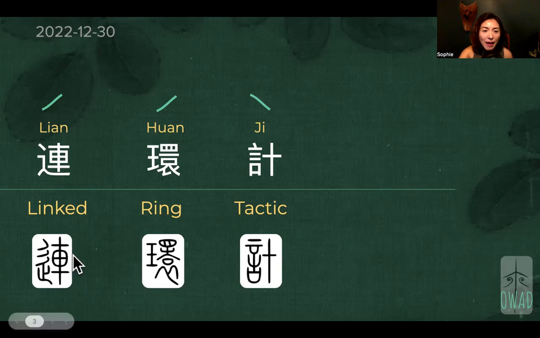So here we have 连. It comes from the left side, which is the walking symbol, and the right side is the vehicle symbol. The left side comes from the foot symbol. We have this cactus-looking shape with three pointy toes. I don't know why the toes are pointing like that. And then we have this arch of thing. So this is an abstraction of the foot.